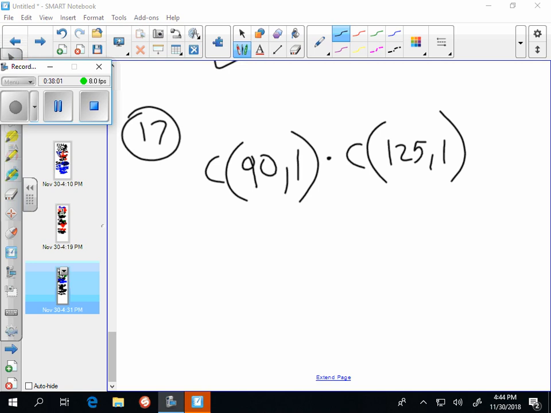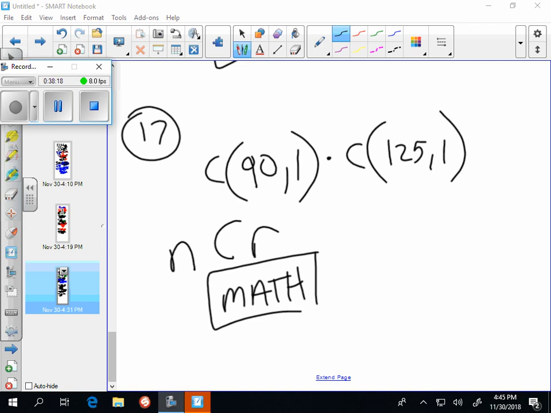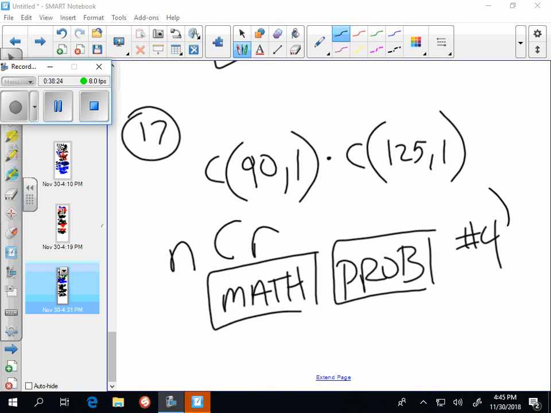Well, I am not one to use the combination formula by hand, so I would pull out my calculator and choose R under math, probability, and I believe it's choice 4 is N choose R.